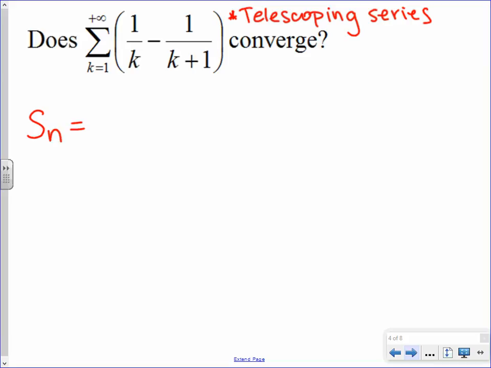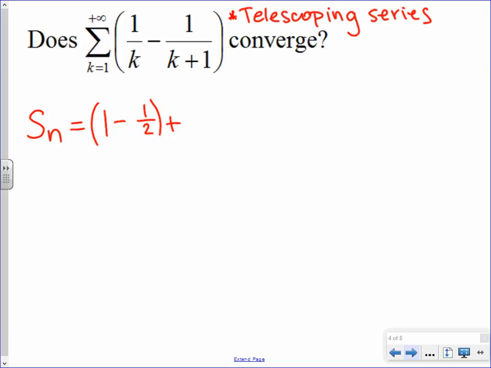Why is it a telescoping series? Let's watch what happens as we plug in 1 and then 2 and then 3. If we think about the nth partial sum, that sounds funny because we don't know what it is. But if we think about the nth partial sum, then we plug in 1 to get 1 minus 1/2.